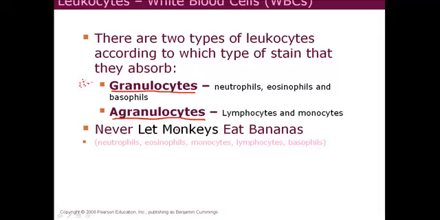Never let monkeys eat bananas is an acronym to remember the names of the white blood cells. Neutrophils, never. Let, lymphocytes, monkeys, monocytes, eat, eosinophils, and B, basophils. You'll just have to memorize that lymphocytes and monocytes are agranulocytes, and neutrophils, eosinophils, and basophils are granulocytes.